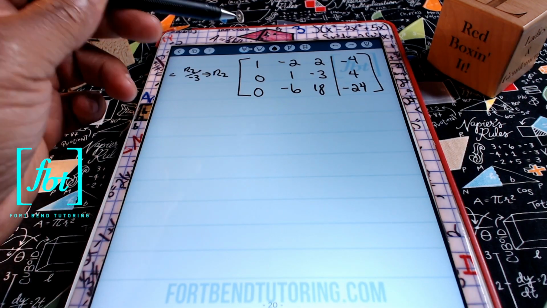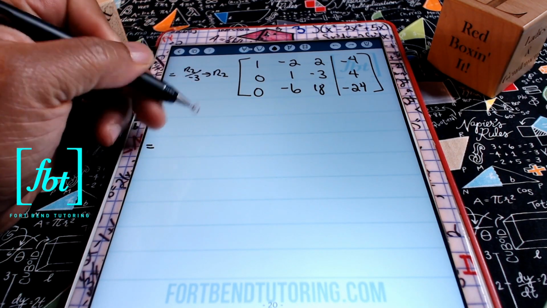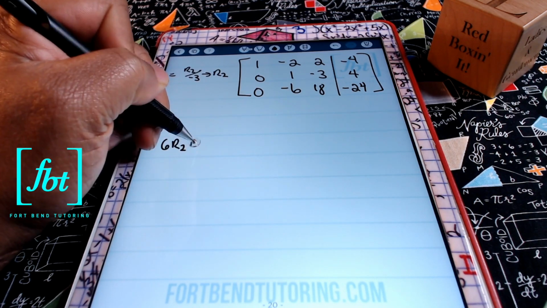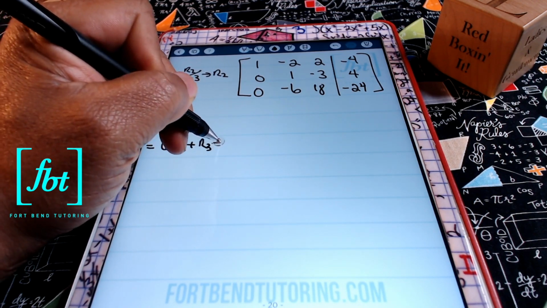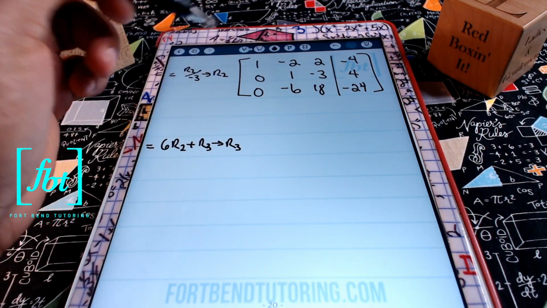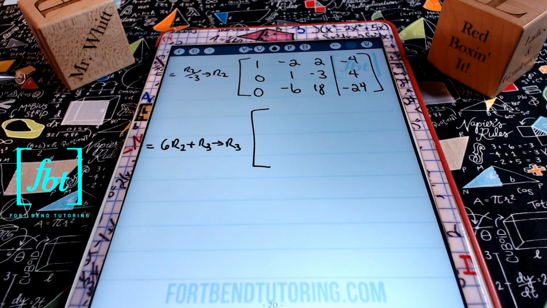Our next step is to create a 0 where the -6 is. We can do that by going ahead and multiplying row 2 by 6. So if I say 6 times row 2 and then add that to row 3, putting the result in row 3, we should get the 0 where that -6 element is currently lying. So let's go ahead and check that out. We'll be bringing down the first two rows as is.